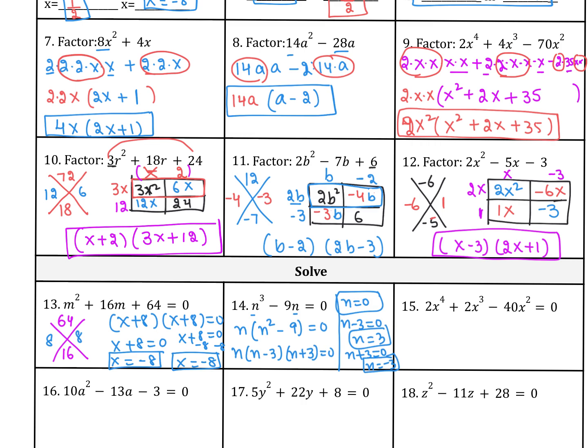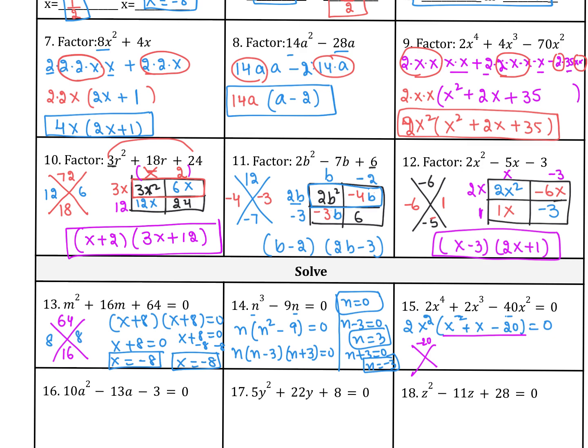If you're doing number 15, you should have this 2x squared as your common factor. Inside you're left with x squared plus x minus 20 equals 0. And then you can make a factor for this part using the cross method.